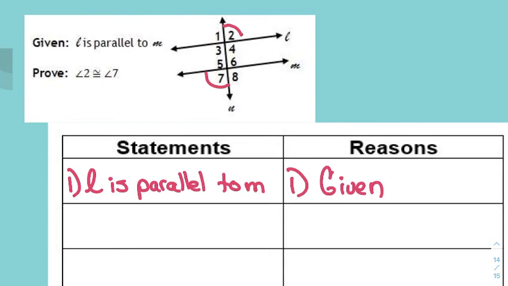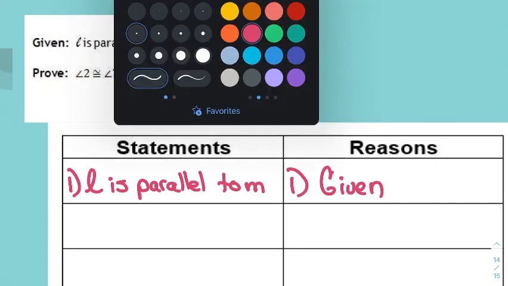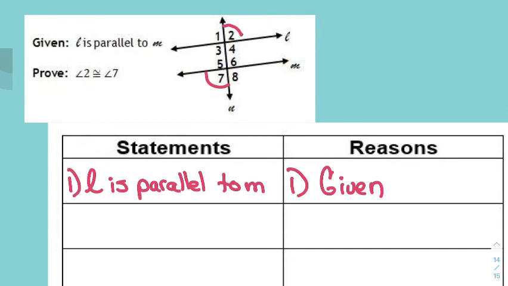Let's first look and see what kind of relationships we can bring about. So we should recognize also that 2 and 6 are corresponding. So we could probably use that. So angle 2 is congruent to angle 6.